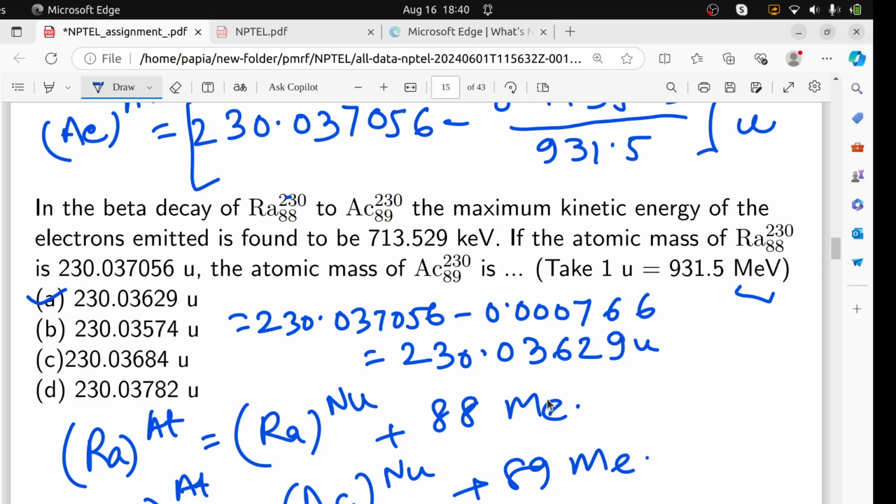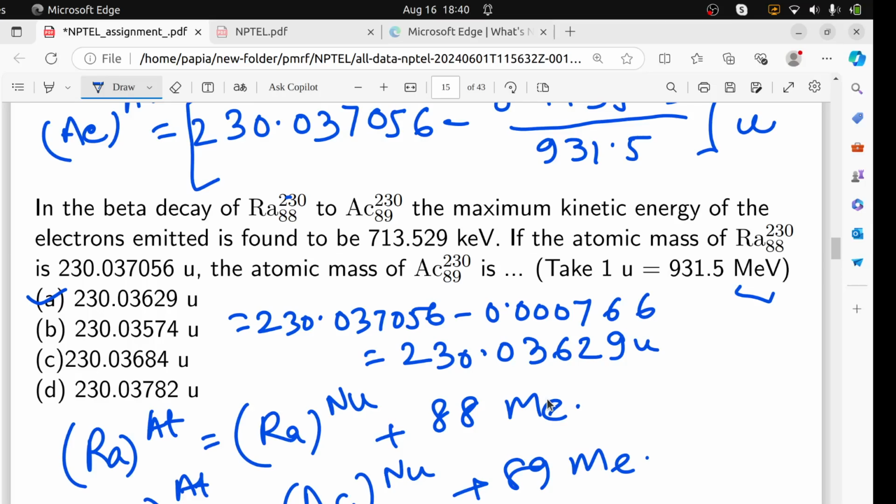So basically here what we are doing is writing the Q value expression first in terms of nuclear mass, and after that in terms of atomic mass, and we convert the nuclear mass into atomic mass or atomic mass into nuclear mass to get the actual value they are asking for. Also, we change the unit to U: if it is in MeV, we convert it to U by dividing by 931.5.